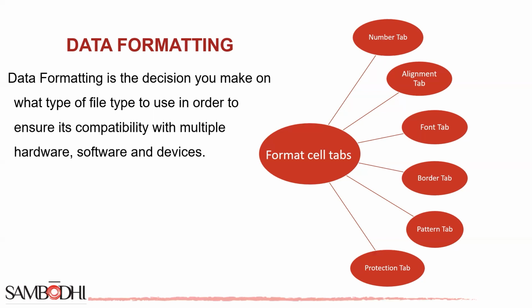Font tab. The term font refers to a typeface, for example, Arial, along with its attributes: font size, underline, color, and effects. Using this tab in the Format Cells dialog box, you control these settings, and you can see a preview of your settings in the preview section of the dialog box.